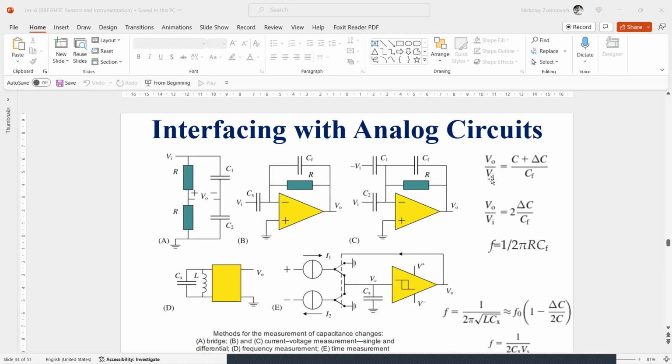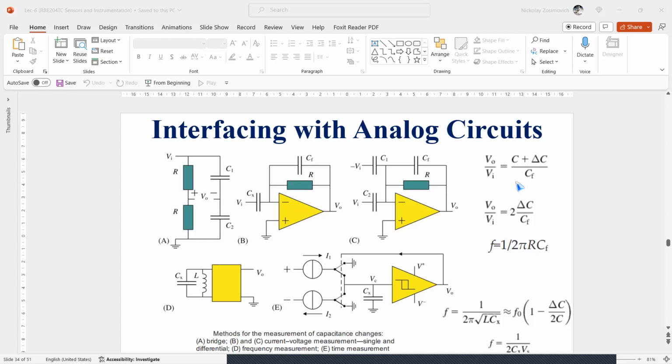If resistance R is disregarded, the transfer function of the single mode circuit looks like this first equation: V0 over Vi proportional to C plus delta C over CF. Again, the advantage of the balanced configuration appears immediately from the last expression on the right side, which is linear, and the output is zero in the initial state when we have equal capacitance.